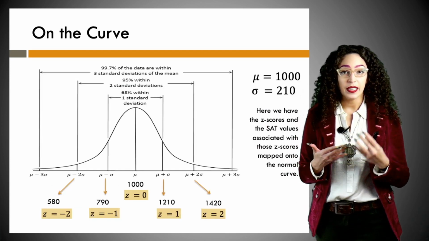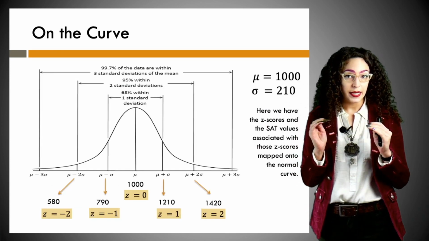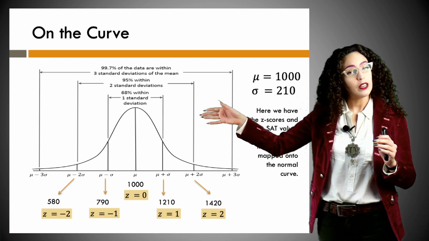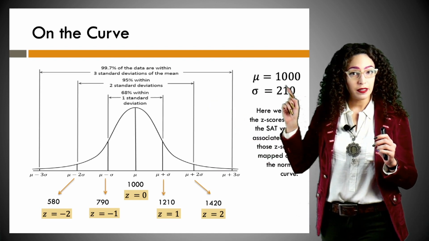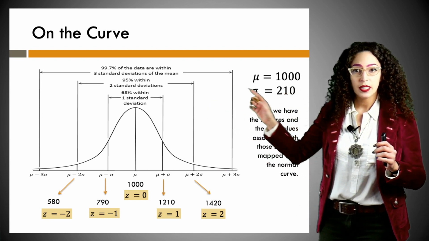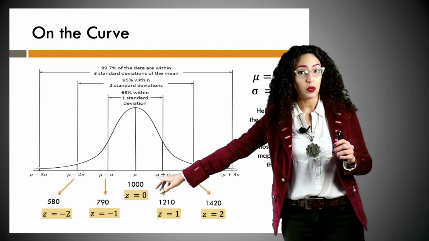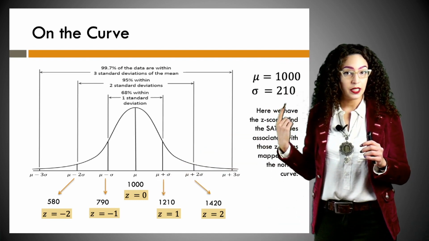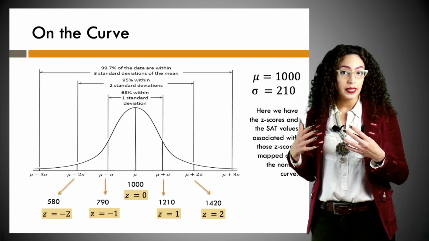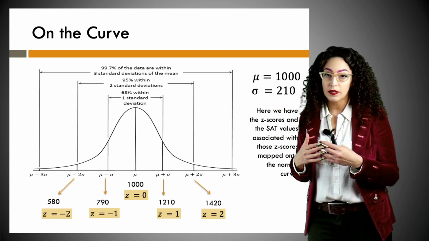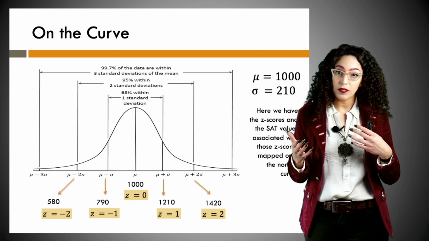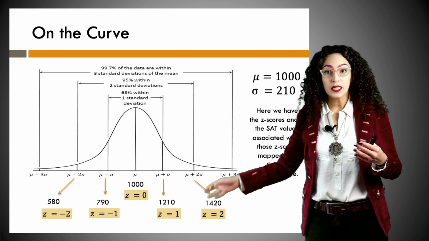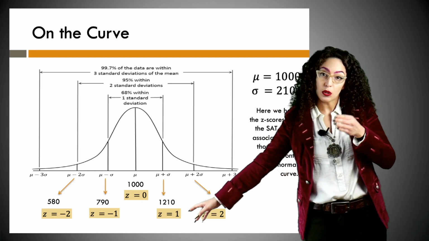So here I've taken the SAT data and the standardized z-scale, and I've put them on our lovely curve. So our mean for our SAT scores was 1,000. That would correspond to a z-score of 0. Now we have our standard deviation here, 210. I can translate our z-score values and our raw score values back and forth so I can find what's the corresponding value for a z-score of 1.